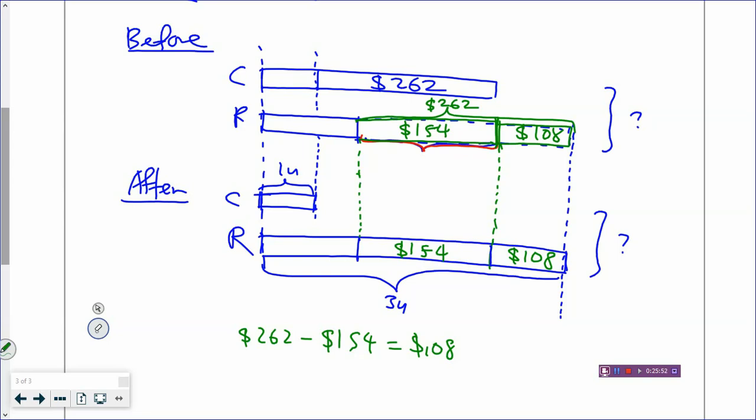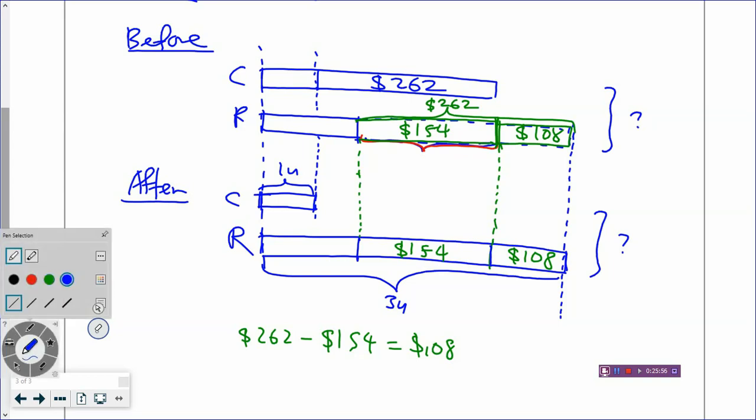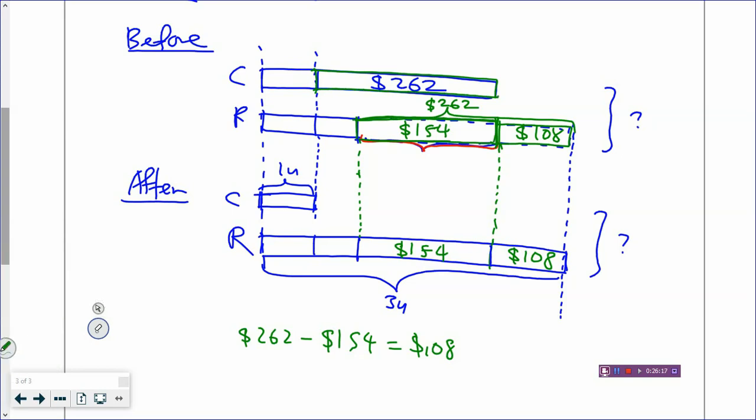Now, if you notice carefully, are you able to find how much this little small box is? Where is your 262? Your 262 is here. You minus your 154, which is below, and you get the little box here.